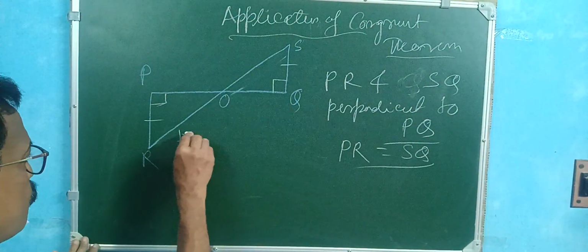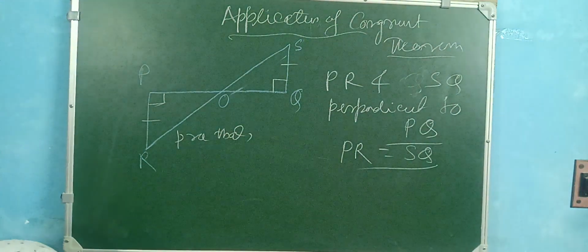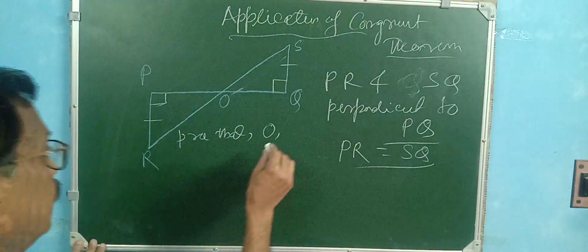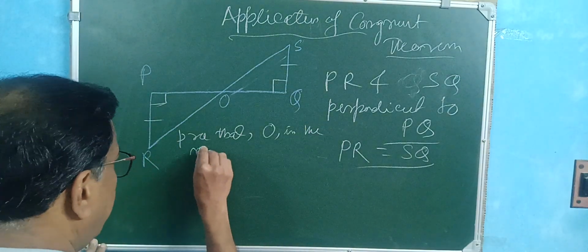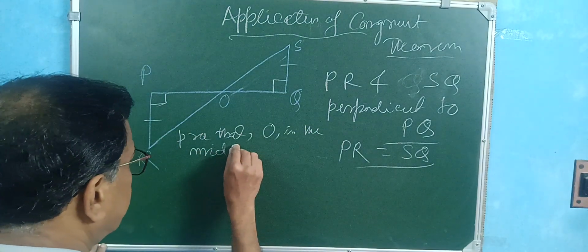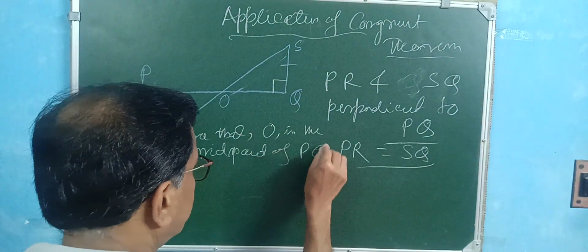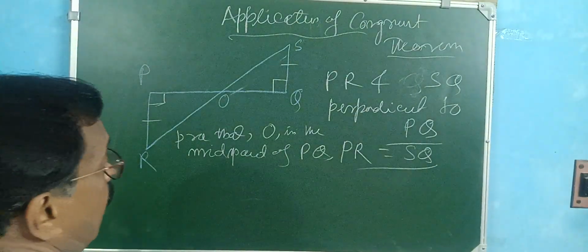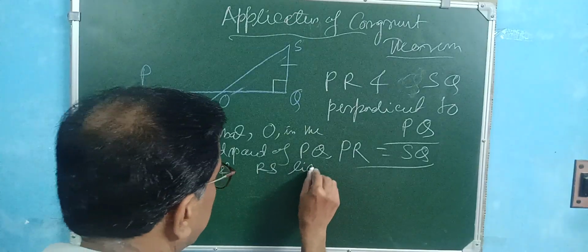What is the question? Prove that O is the midpoint of PQ and RS line. That will be proved.